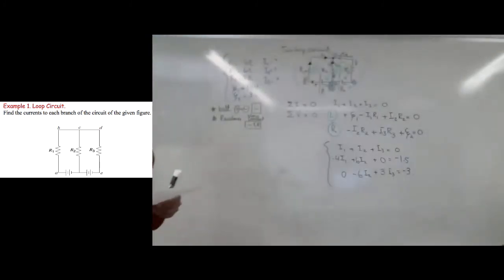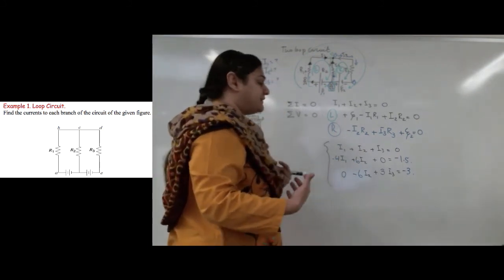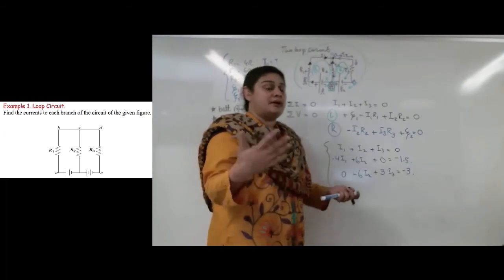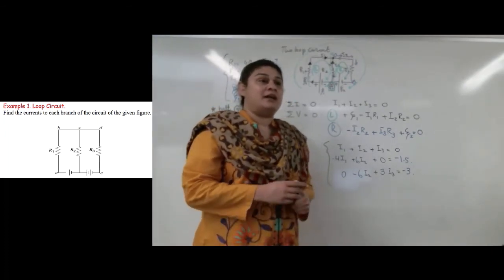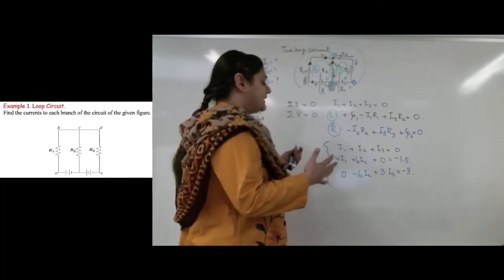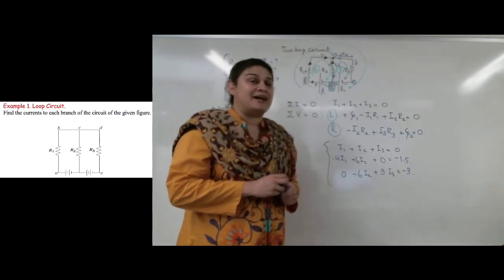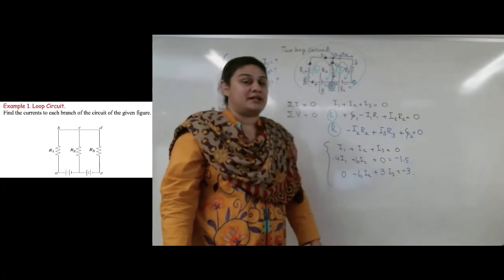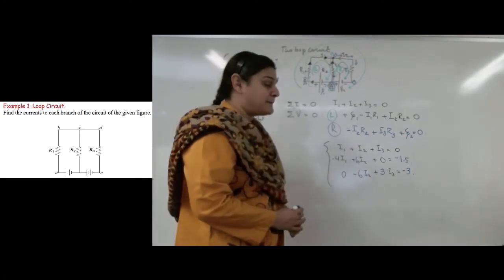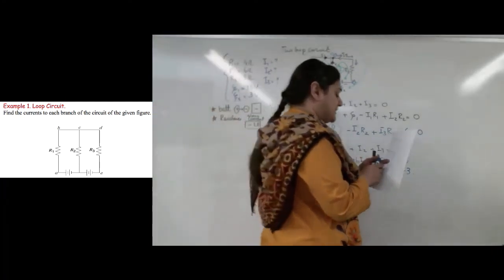Okay? You should be able to solve them. There are many ways on how to solve these simultaneous equations. My favorite one is called the Cramer's rule, but you may feel free to solve them any way possible. If you have a calculator, feel free to use that, or you could use the software available on the internet to be able to solve it.